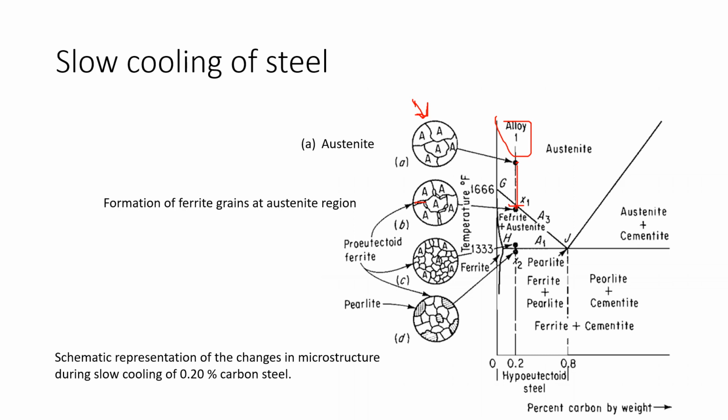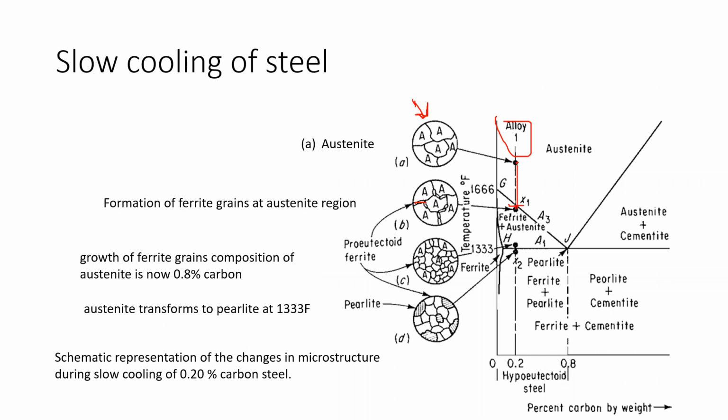If we cool further, the ferrite grains grow and the composition of the austenite becomes 0.8% carbon, and in the final position the austenite is transformed into pearlite. Pearlite is a mixture of ferrite and cementite, which we have studied previously.